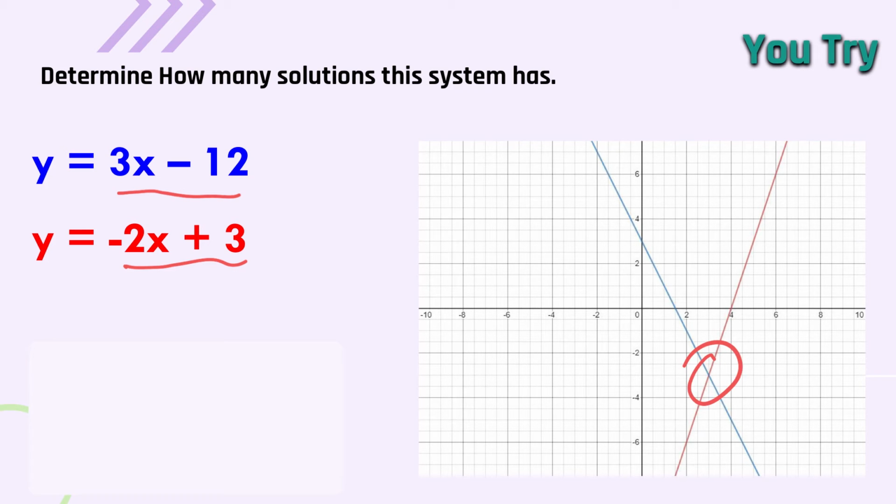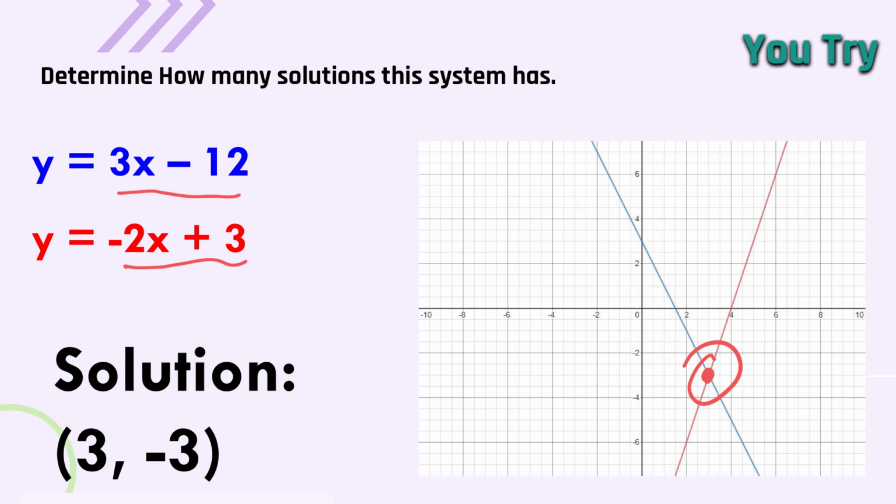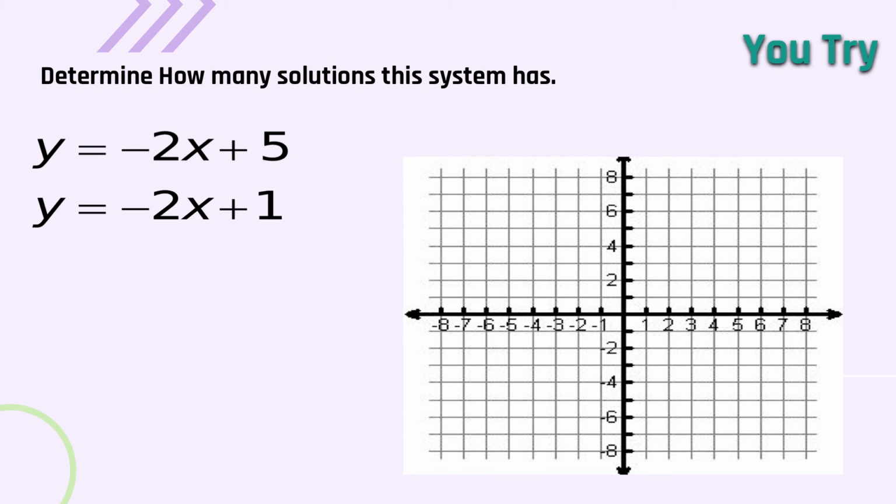And if we look there, it is at 3, negative 3. So it's one solution. And we know that because they only intersect at one point and their equations are not equal when their slopes are not congruent.